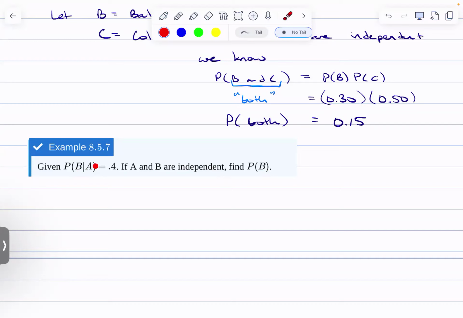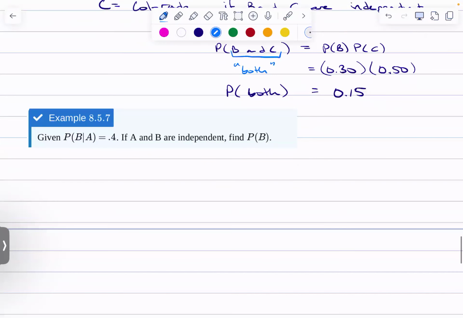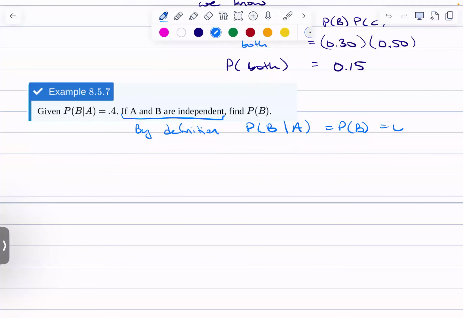And so then, by definition, the probability of B given A is just the probability of B, which is 0.4. Therefore, the probability of B is 0.4.